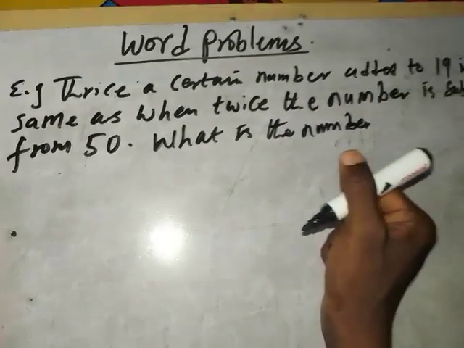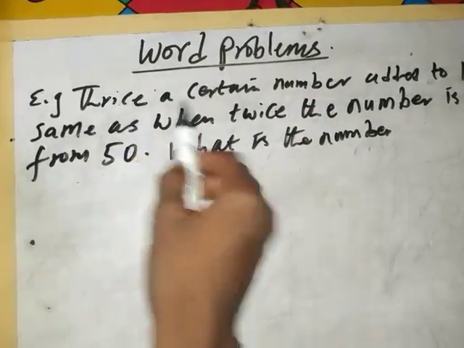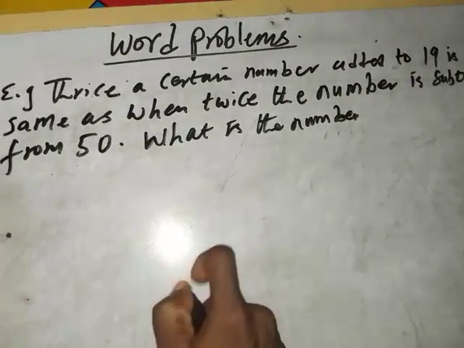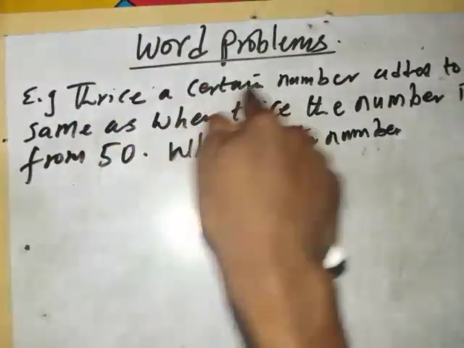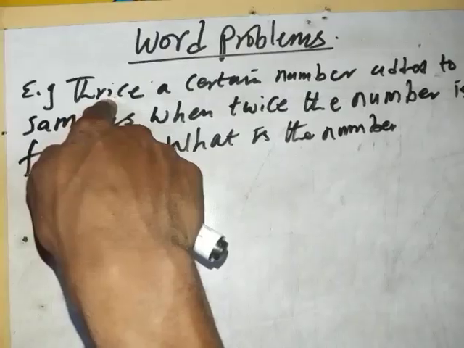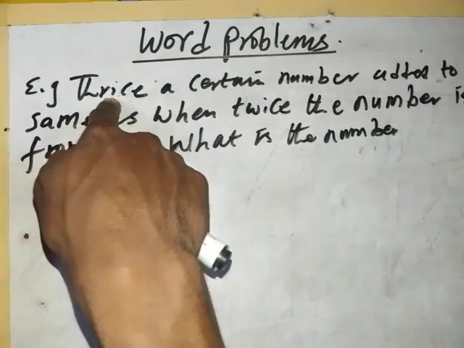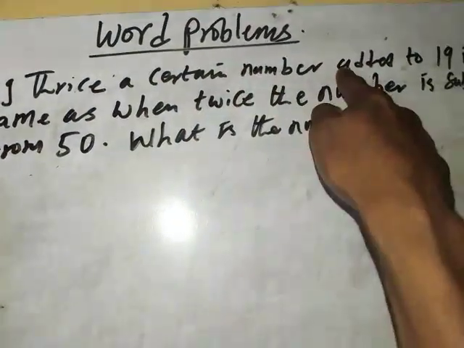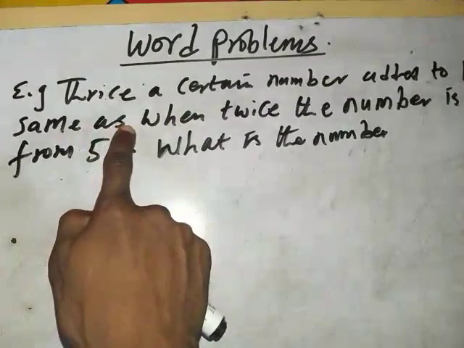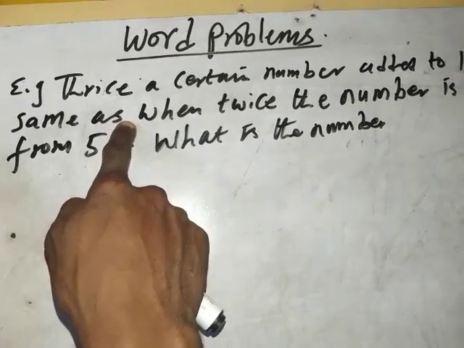How can you solve this? You can read the question again. Thrice a certain number. Remember, thrice is 3 times a number. Remember, I told you on that word and meaning. Thrice a certain number added to 19 is the same as, remember, the same as I told you is equal sign or equal to.